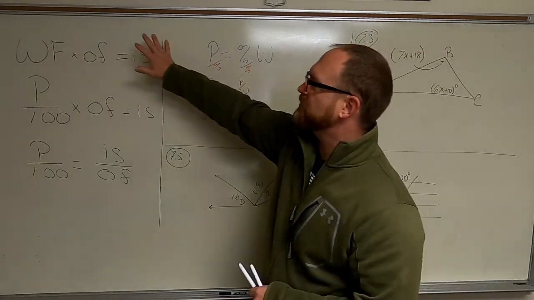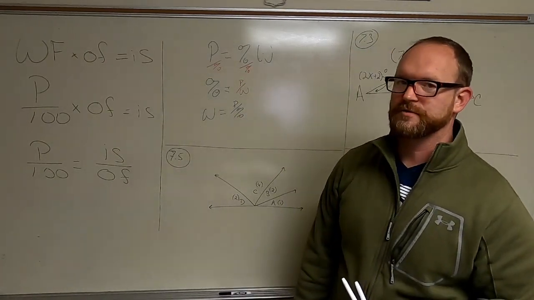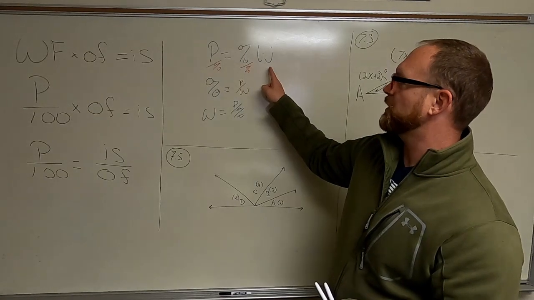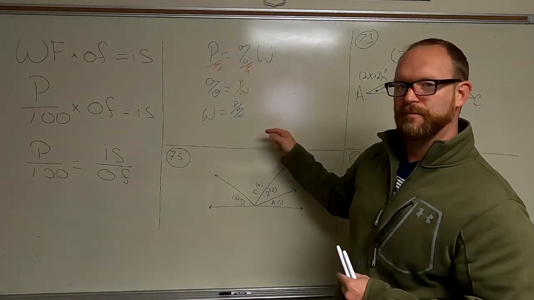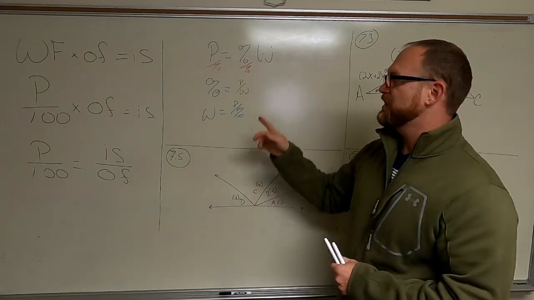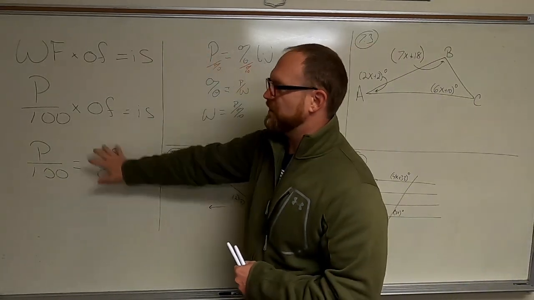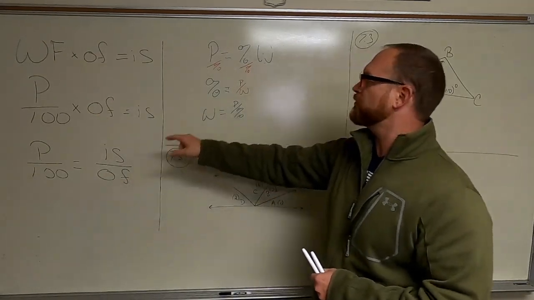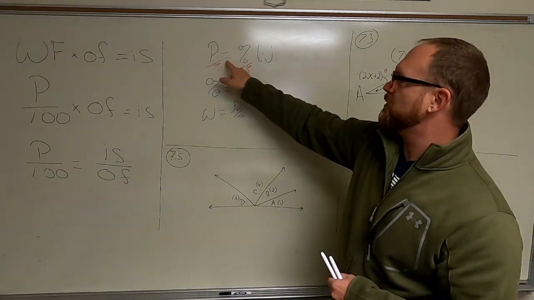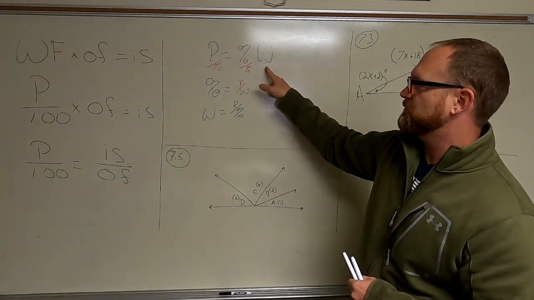And so instead of having to remember or write down all those formulas, I'm using one base formula, and I'm making that formula work for me by using basic algebra that we've learned over the last couple of years. This is going to make life a whole lot easier. So let's write down this one formula. P equals percent W, or part equals percent times the whole.